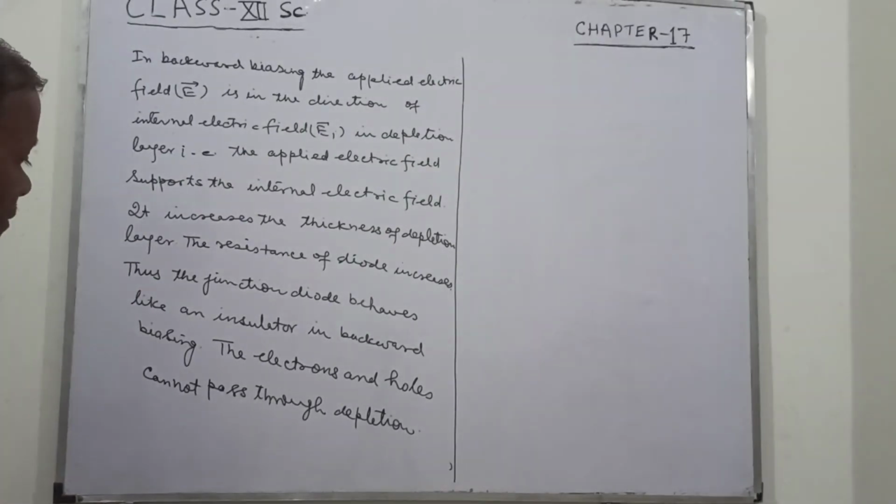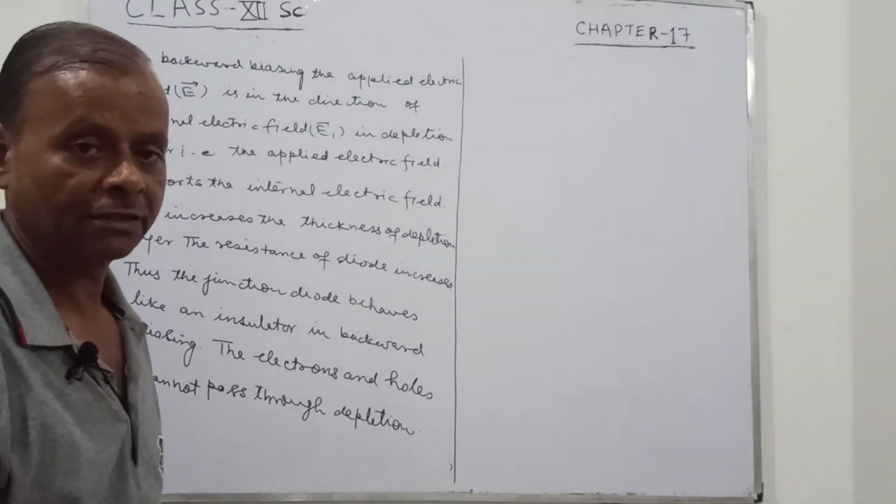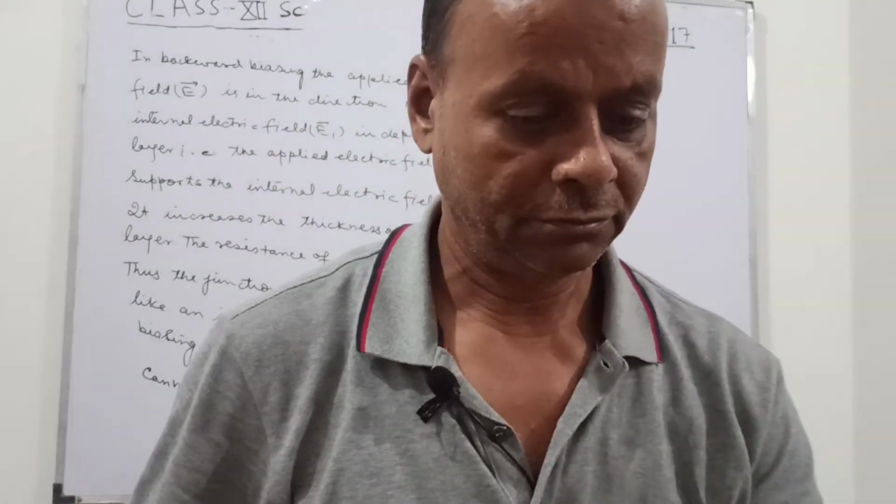And you can see that in case of backward biasing, the diode is behaving like a bad conductor or like an insulator.